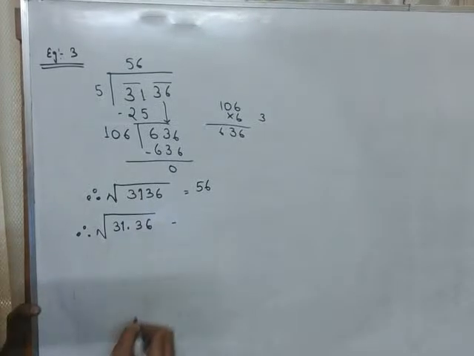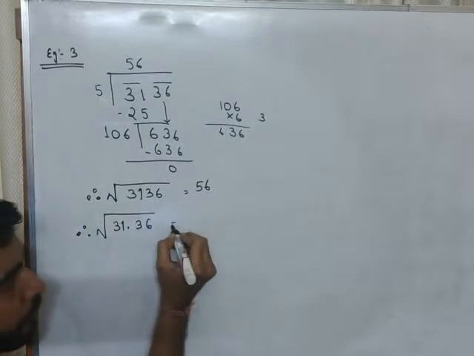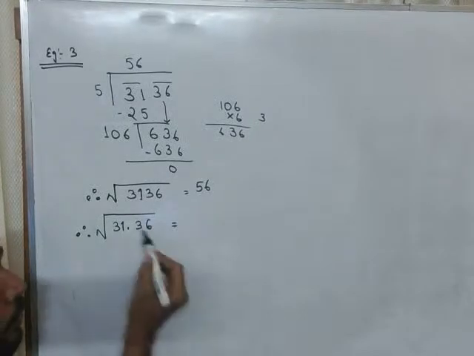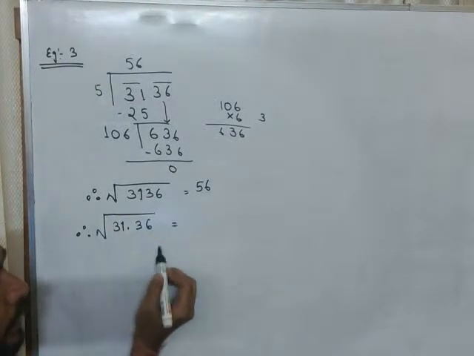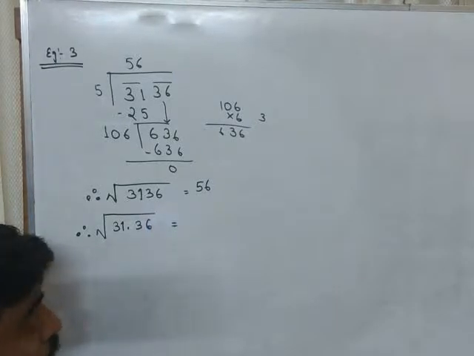Now all of you see it carefully. After the decimal, how many places do we have? 2. So when we find the square root of a decimal number, its square root will also be a decimal number.